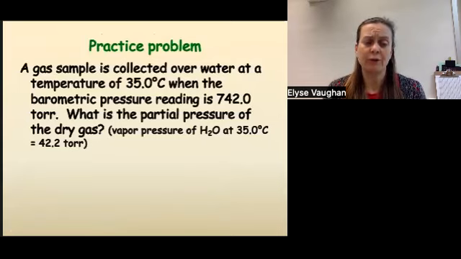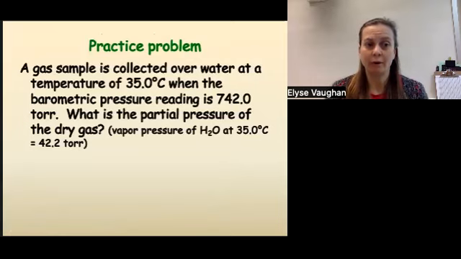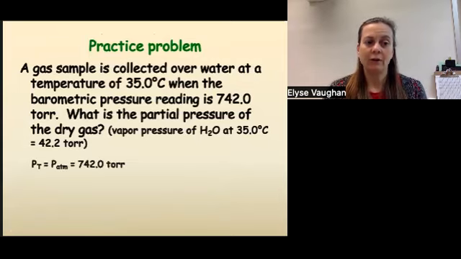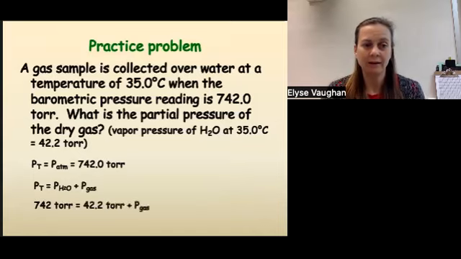But remember, the pressure inside that eudiometer is coming from two things: the gas that I collected, and the vapor pressure of water. We look up our tables of vapor pressure of water, and at 35 degrees Celsius, we find that the vapor pressure of water is 42.2 torr. I know that the total pressure is the atmospheric pressure, and that the total pressure is the pressure from the water plus the pressure from the gas that I collected.